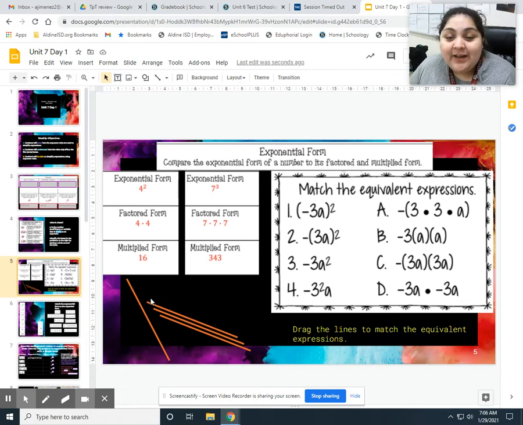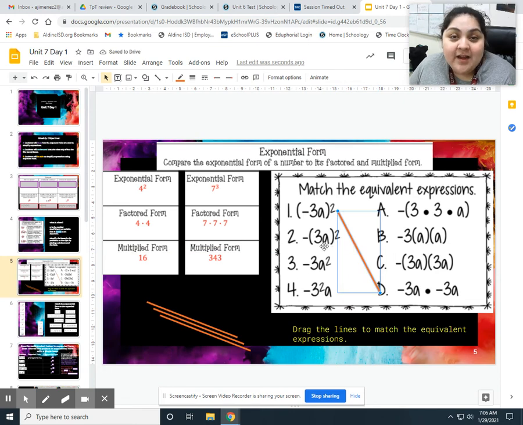And you're going to use these lines. Remember, it has parentheses, so it should match up with -3 and -3. So then we would use that and draw the arrow here. Here's the one that has that. This one only has 3a in the parentheses, so 3a would be showing up twice. So then that means this one.